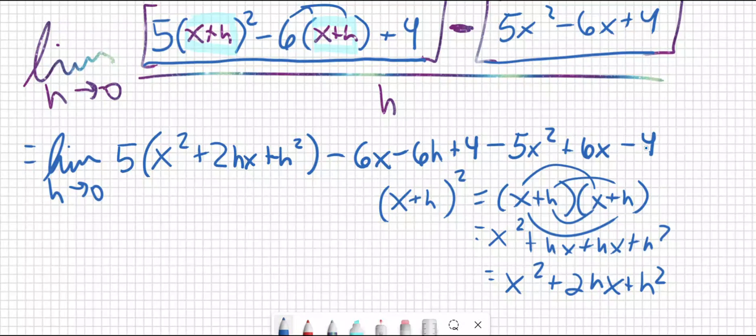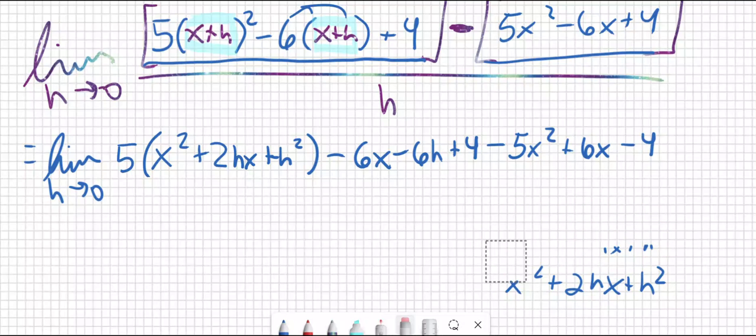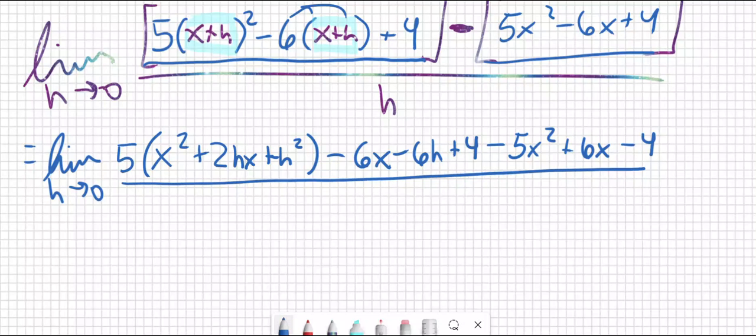Negative and a negative, minus 4. This was a little side work. So make some room. And it's all over h. All right, so now I can distribute this 5 in here.